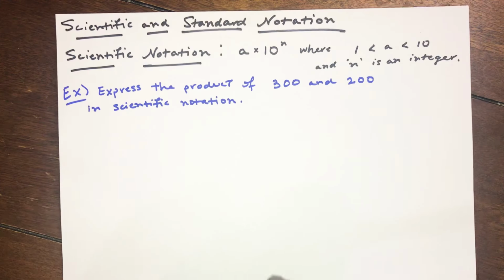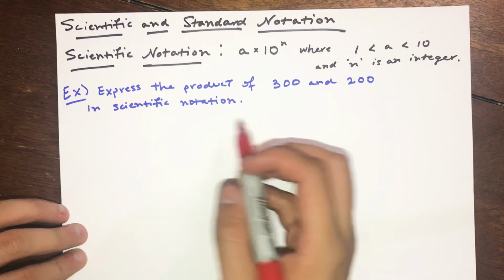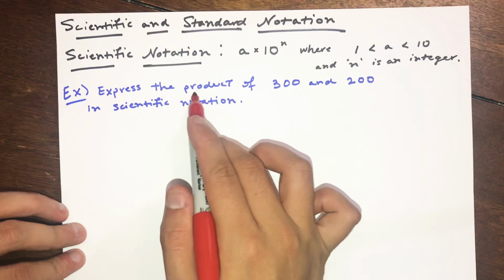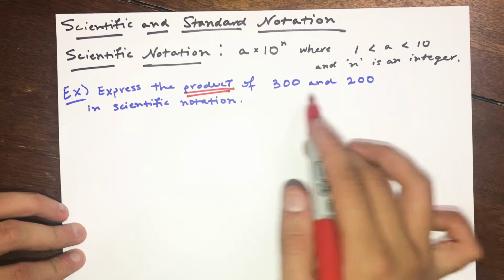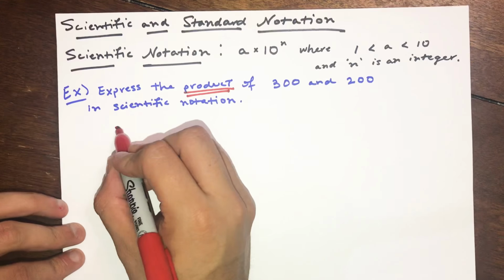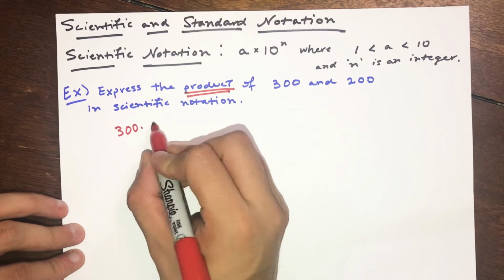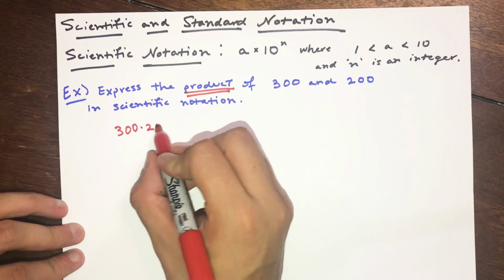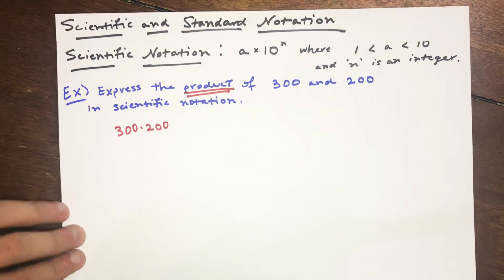Let's do the detail method first. So it says express the product, that's important, of 300 and 200 in scientific notation. So the product is 300 times 200, because product means multiplication.